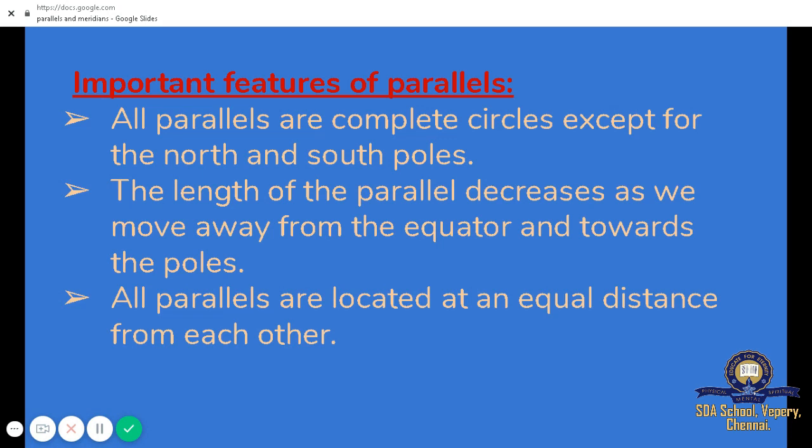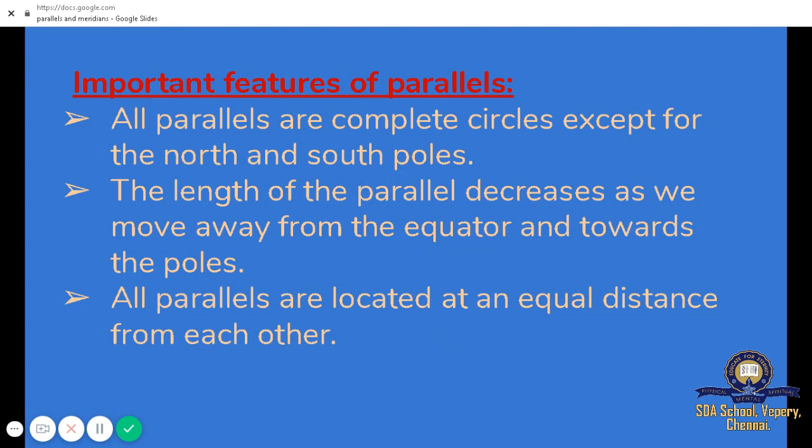Important features of parallels. All parallels are complete circles. You all see that, right? These imaginary lines drawn on the surface of the earth are called parallels, and all parallels are complete circles except for the north and south poles, because as we saw, the north and south poles are the end points, right?